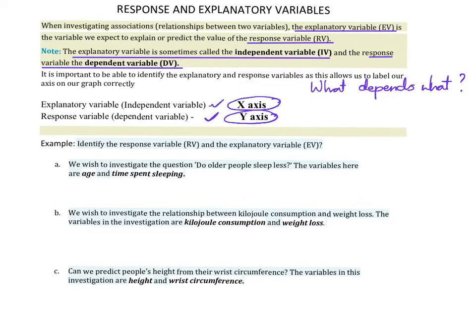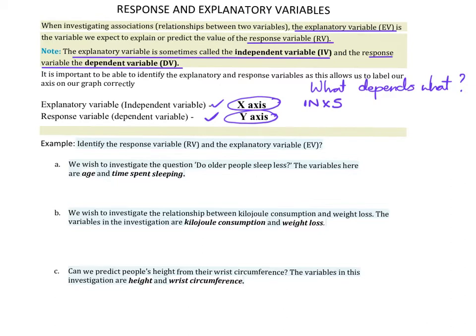Now, a couple of years ago, some of the boys in my class said the way that they remember it is from the band INXS. So in INXS, independent on the x-axis. Now, it's really important that we get this right before we start doing our graphs.